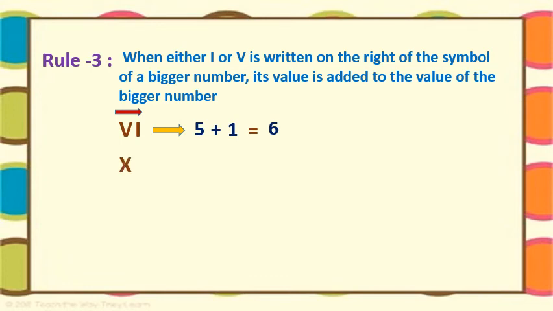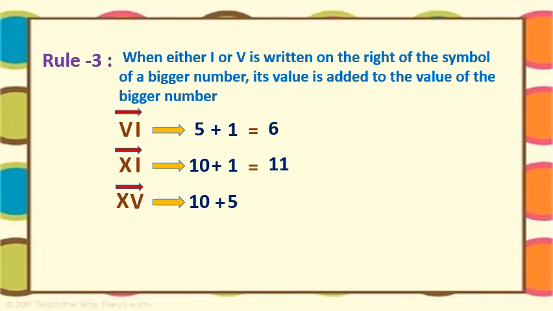Now one more example, X, bigger number. I will write I to the right side. Then it became, yes, correct, 10 plus 1. Very nice, 11. Here, X, V. Again, V I have written to the right of the X. That is nothing but we are going to add 10 plus 5 is 15.